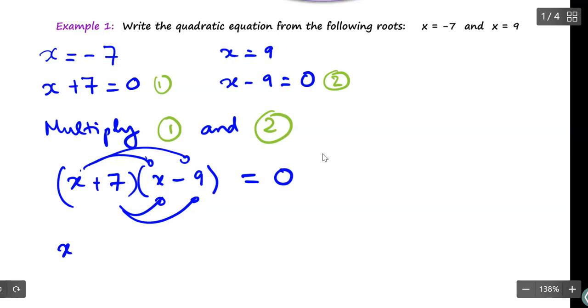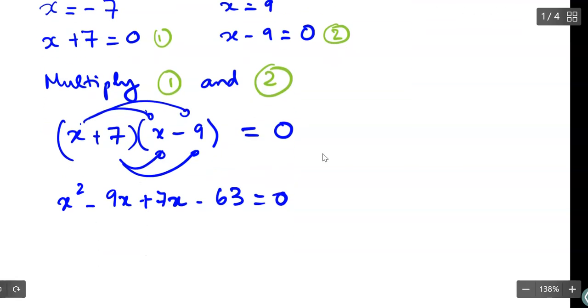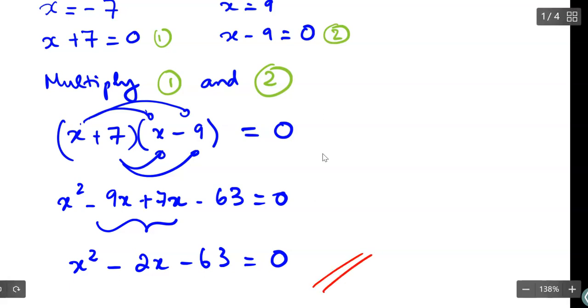I multiply this in, I have x squared minus 9x plus 7x subtract 63 equal to 0. Then I combine the two middle terms. I have x squared minus 2x minus 63 equal to 0. So this is the quadratic equation that they asked me to write or derive from x equal to negative 7 and x equal to 9.